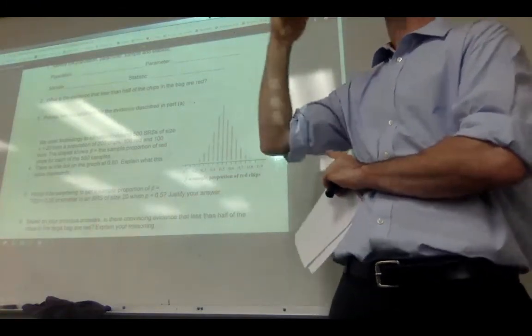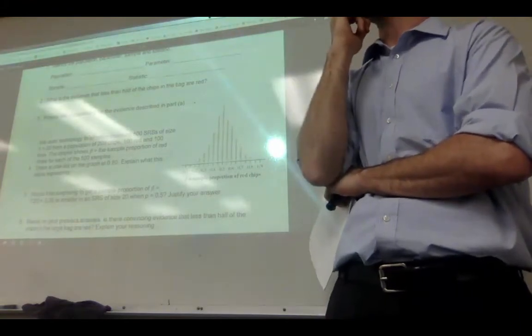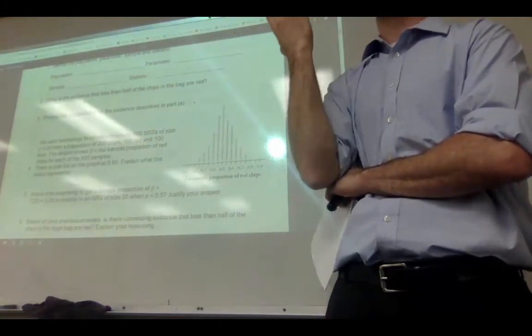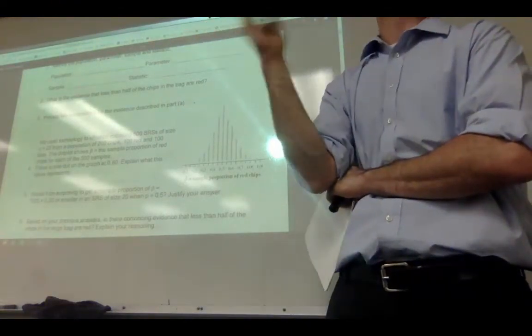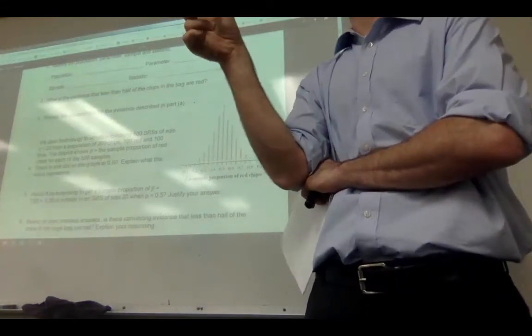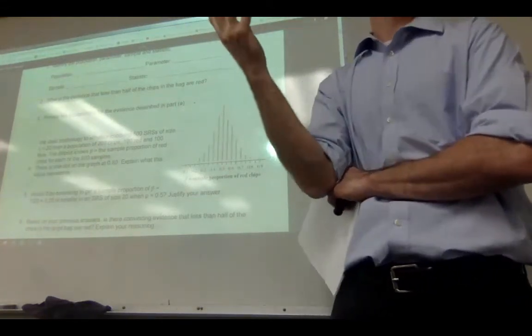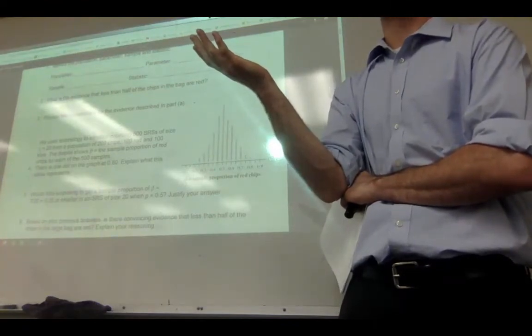And then the next piece is, well, how many red chips were there? Okay, there were 100. Well, out of how many? Because 100 out of 10,000 is much different than 1 out of 200, is much different than 1 out of 101. So the first question you need to ask is, what are we looking for in this problem?